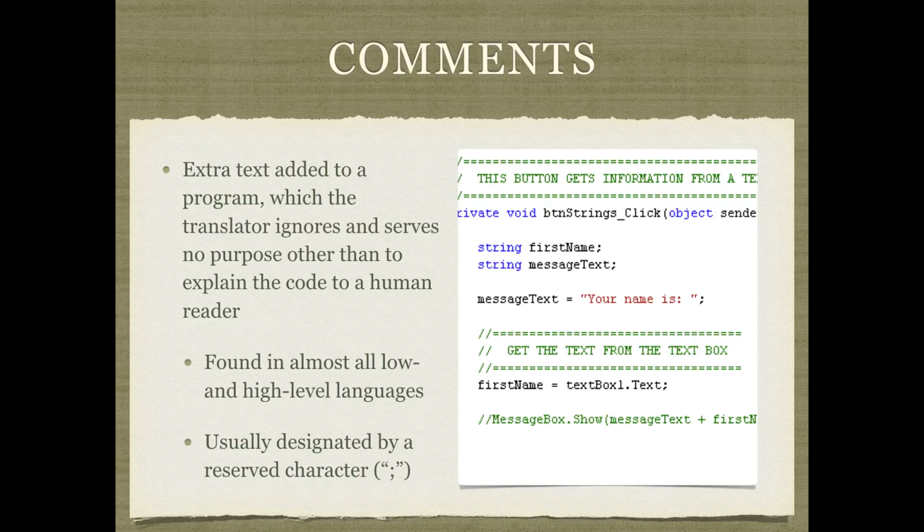So in the sample that you see here, this is Java, and the // means this line is a comment. In assembly language, the character is the semicolon. So any text that follows a semicolon, the rest of the line is ignored.